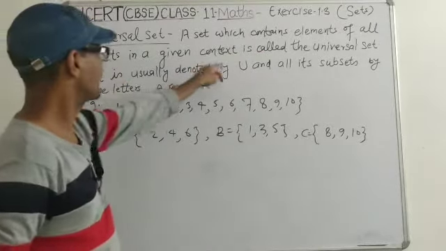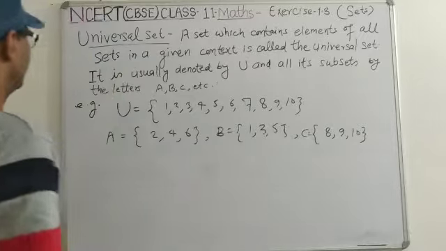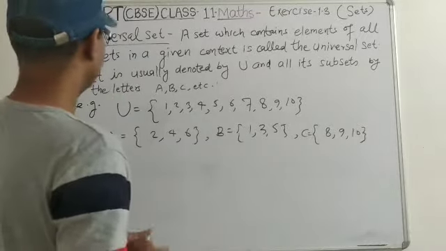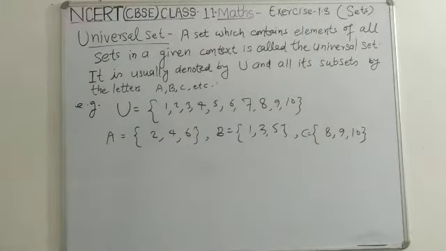All sets in a given context is called the universal set. So here just see this.